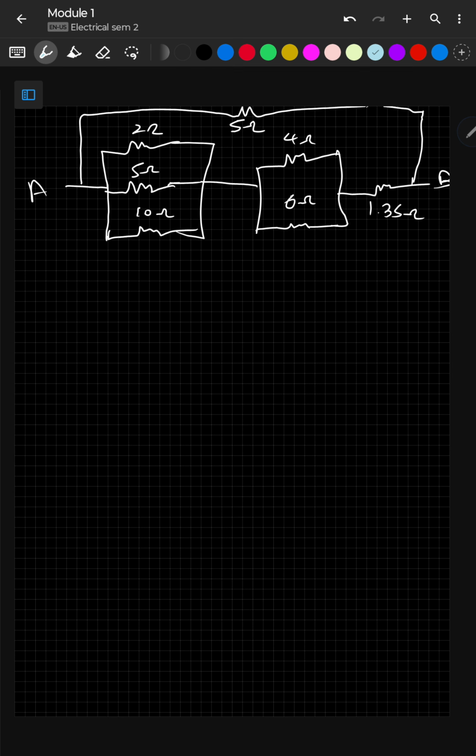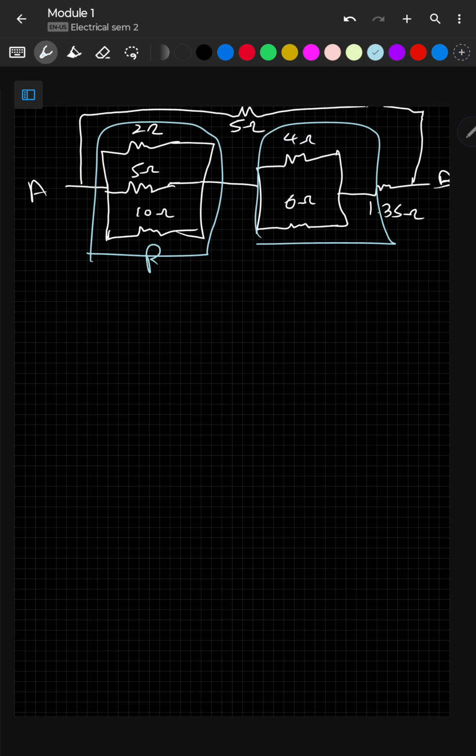First, I would like to solve this one and this one. So I'll take it as RP1 and this is RP2. So to solve RP1, 1 by RP1 equals 1 by 2 plus 1 by 5 plus 1 by 10.